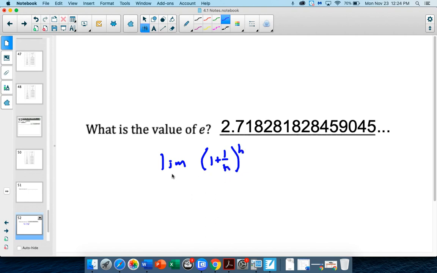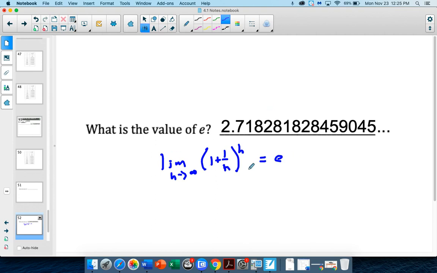If we make h really large, if we say as h approaches infinity, we say this is equal to that number e. So this is some calculus notation, a limit. As h gets really, really large, as it approaches infinity, we get closer and closer to this value of e.